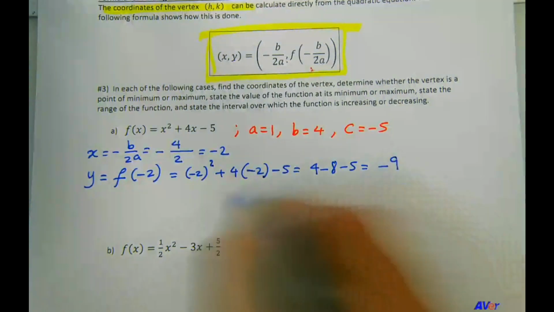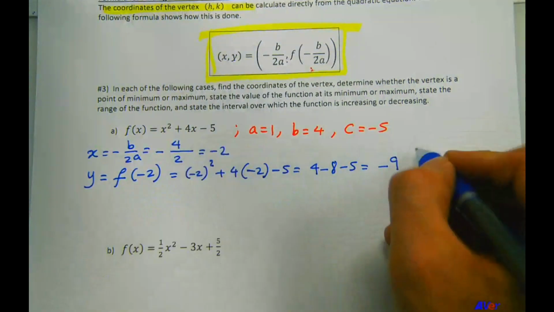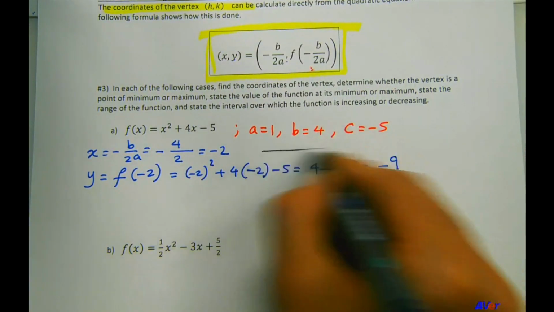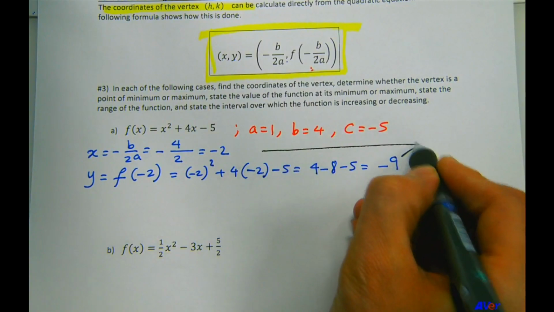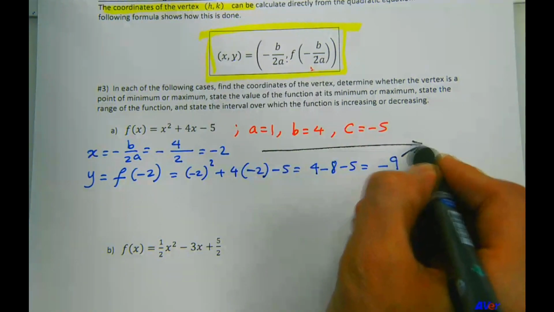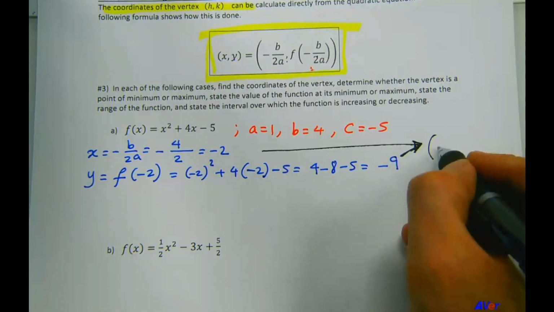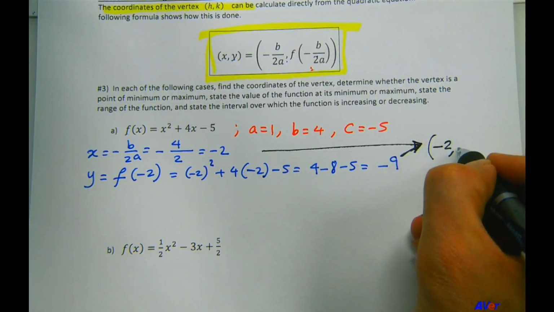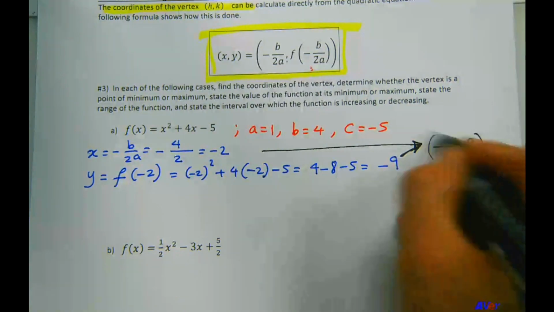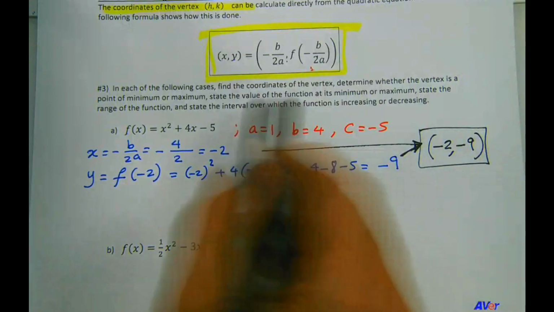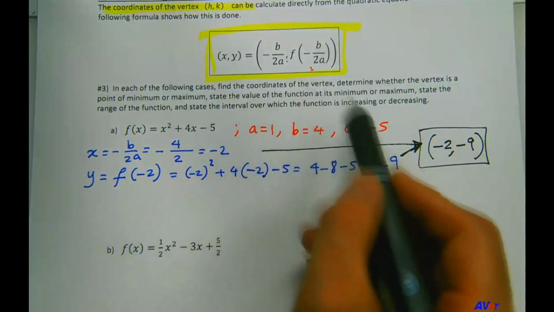Okay, so because of these two, the coordinates of the vertex are (-2, -9). Like that.